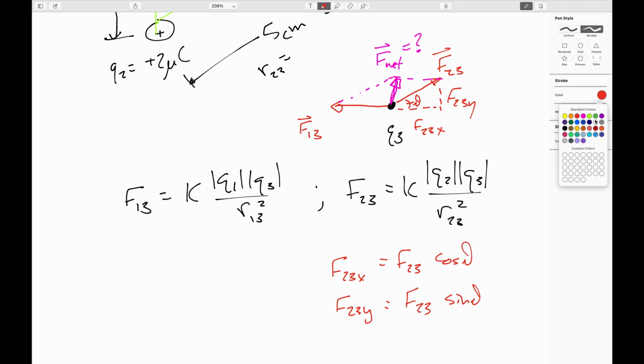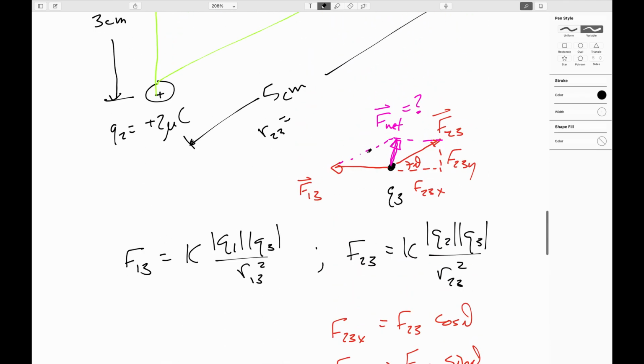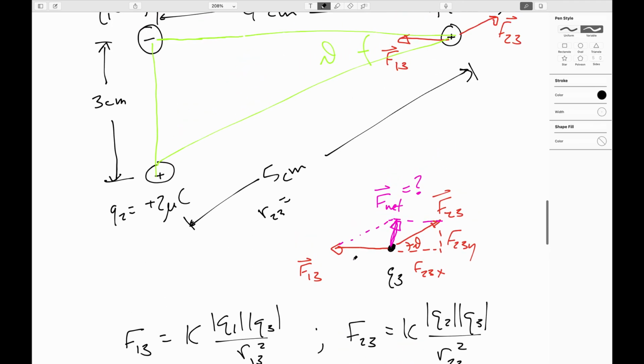So now we can go ahead and do our vector sum here. We can say that the x component of the net force will be equal to F23x minus F13. The reason we say minus F13 is that F13 is already acting purely along x, and it's pointing to the left, so that's why it gets the minus sign.